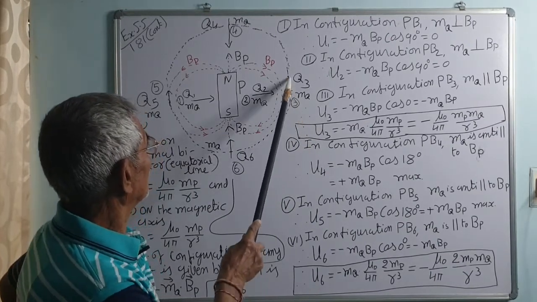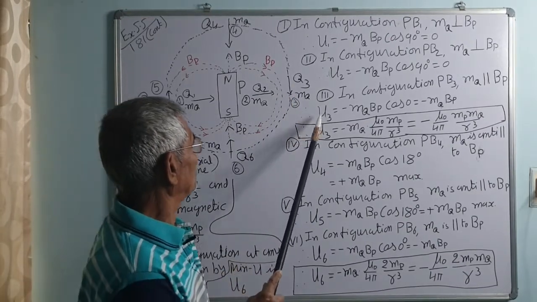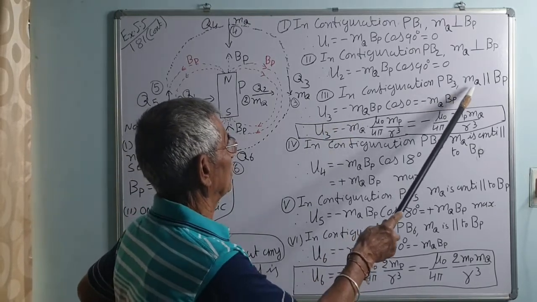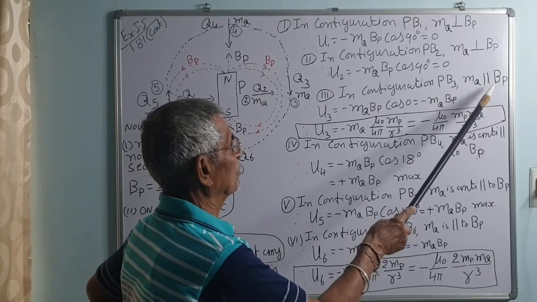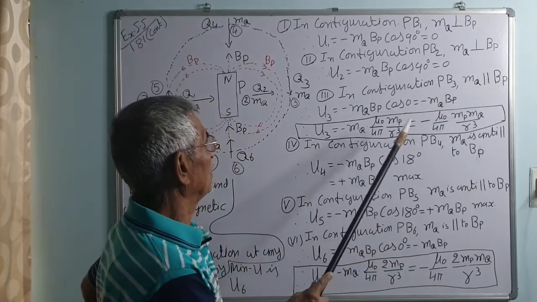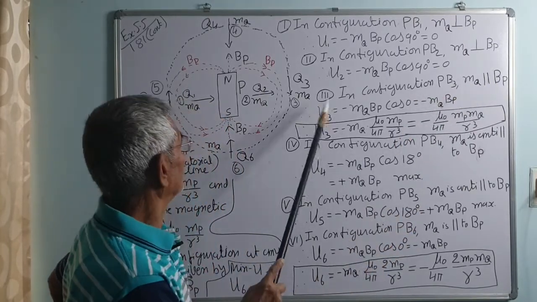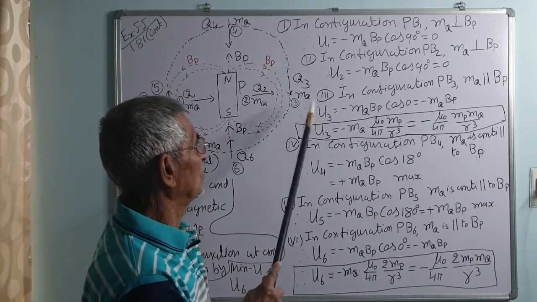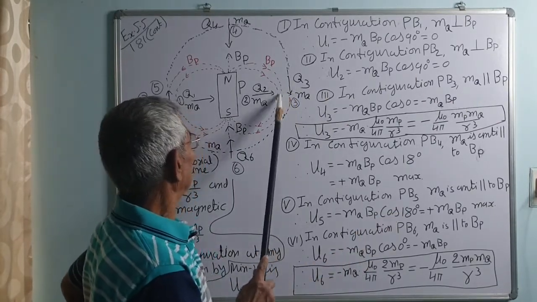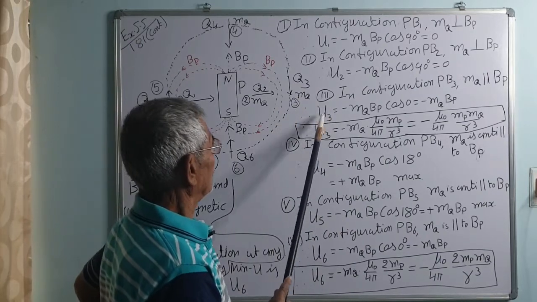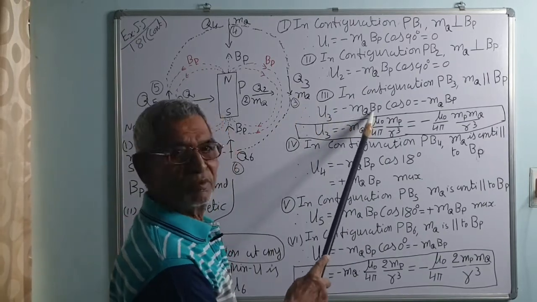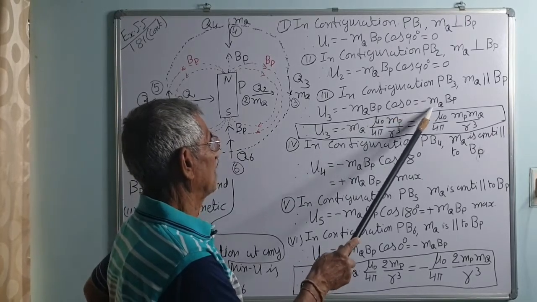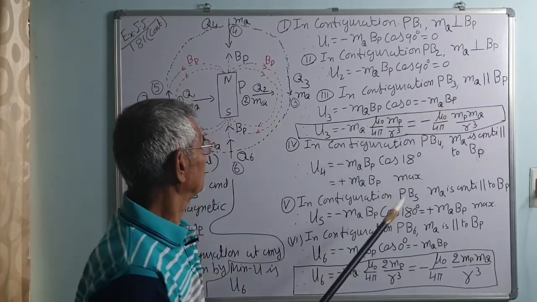So U3, the potential energy of this system PB3, MQ is parallel to BP, that is the magnetic moment of Q for the third needle is parallel to B. Therefore U3 is equal to minus MQ BP cos 0, that is minus MQ BP, minimum.